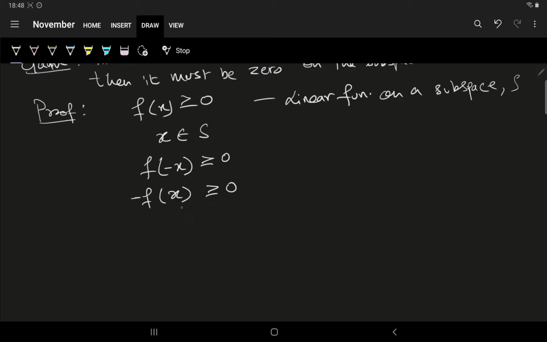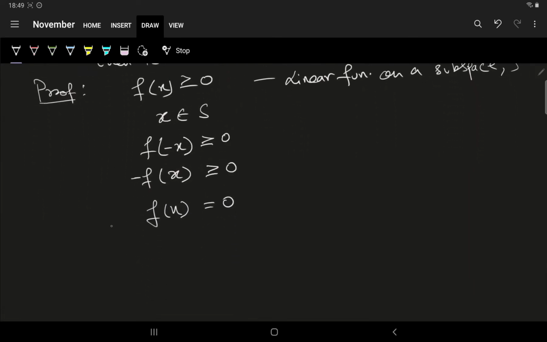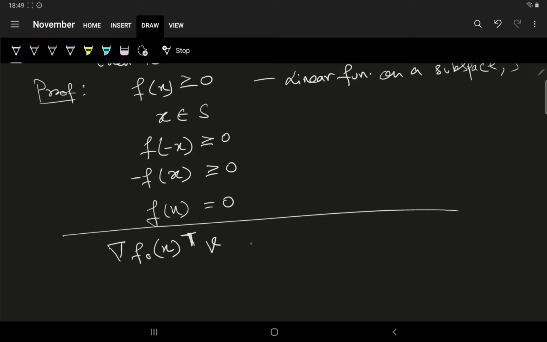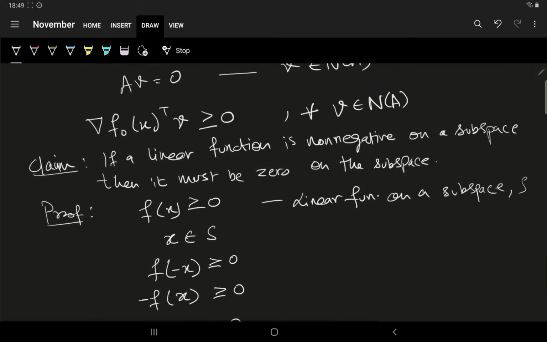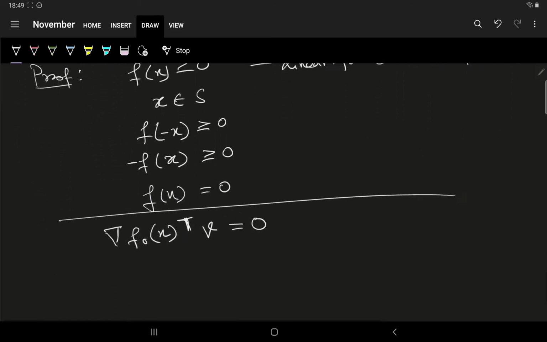So this can only be true if f of x is equal to 0. So this means del of f naught of x transpose v should be equal to 0. From here we reached here.